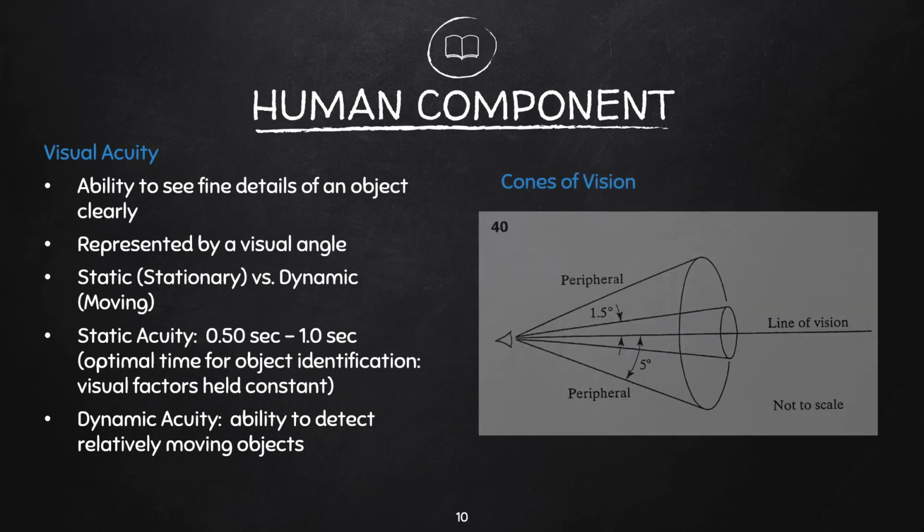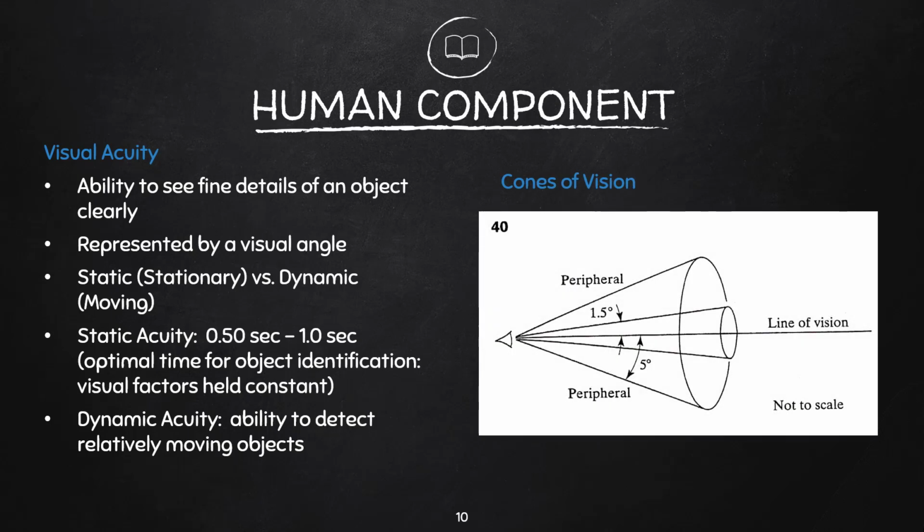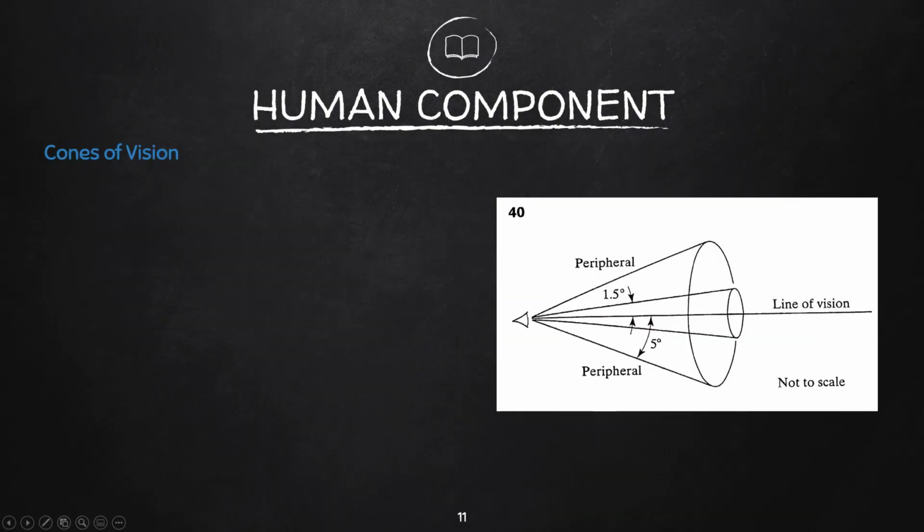The cones of vision. Here, this is the cones of vision. The smaller portion here is your foveal, and the cone away from that is the peripheral vision. This is your eyes and your line of sight or line of vision. The 3 to 5 degree conical angle is very clear. That is the foveal vision, this one.